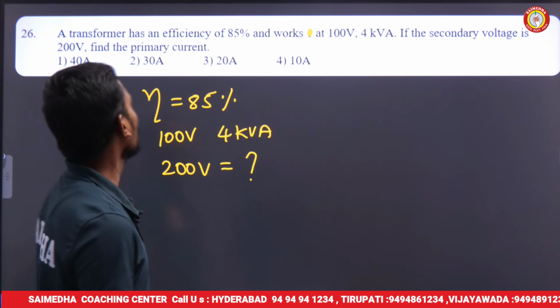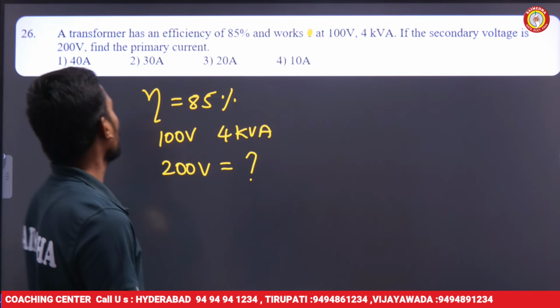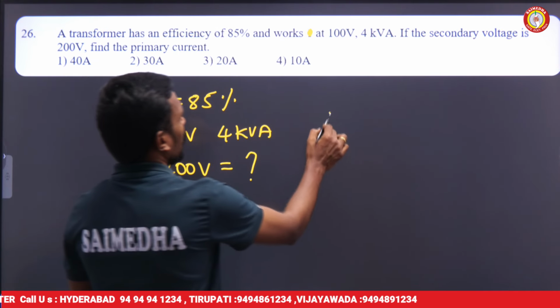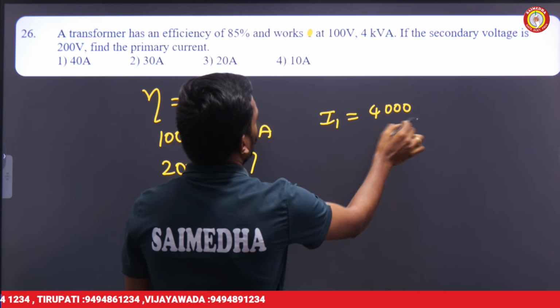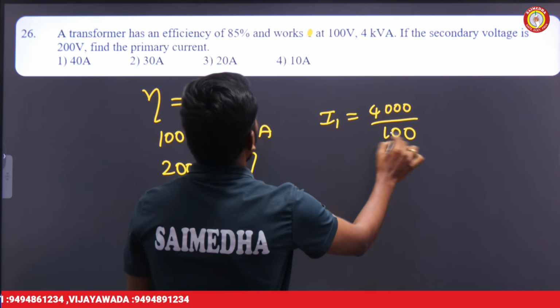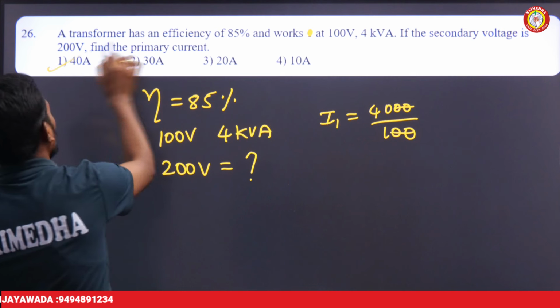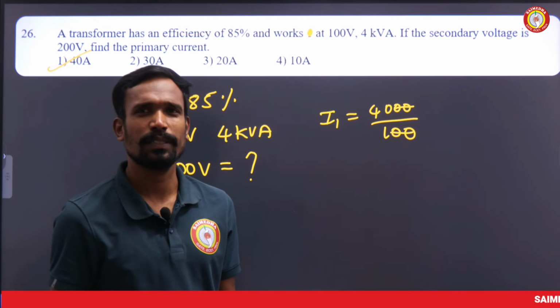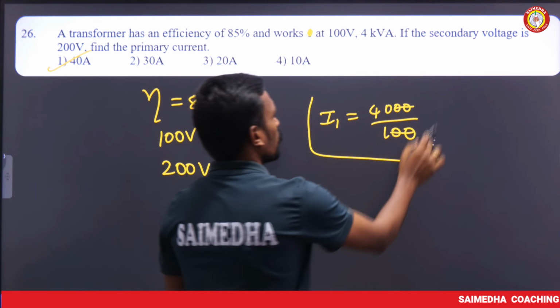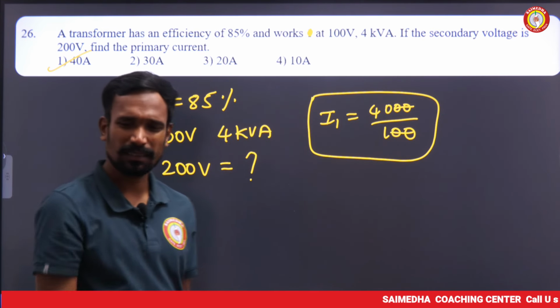If the secondary voltage is 200 volts, find the primary current. Primary current I1 is equal to 4 kVA by primary voltage. Ultimately the current is 40 amperes. The primary current is equal to power by E1, that's it.